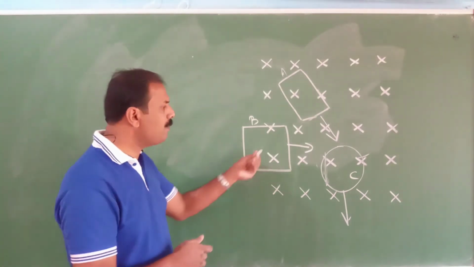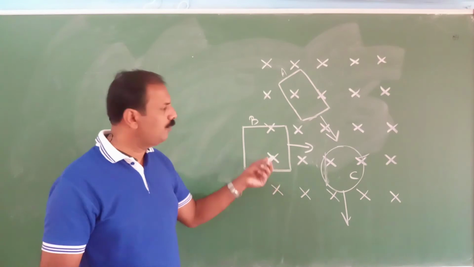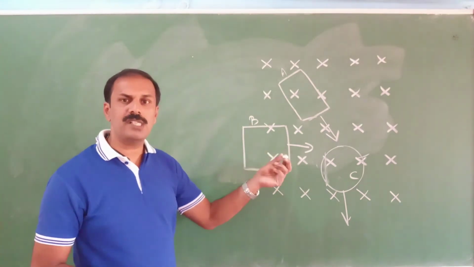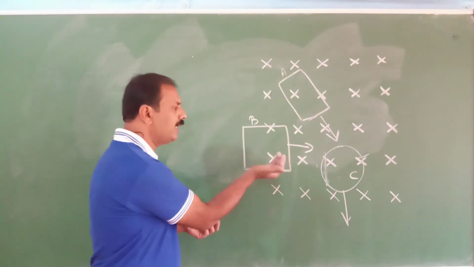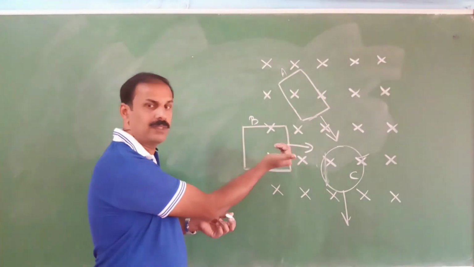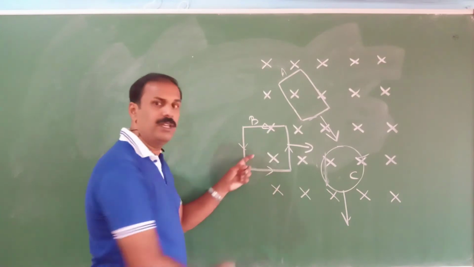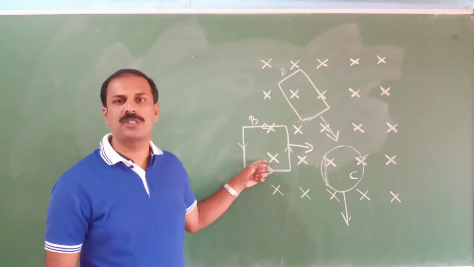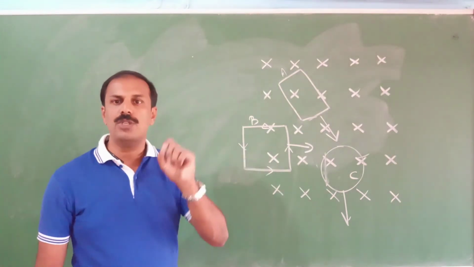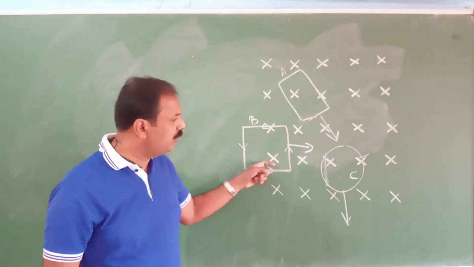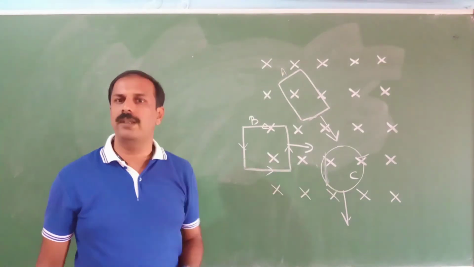So it should produce a magnetic field toward this side. If you want to produce a magnetic field toward this side, using right hand rule, the current should be like this. That is, in this loop, it should be anti-clockwise. I think you understood the point. If you have not understood, when you discuss the second one, be careful again.